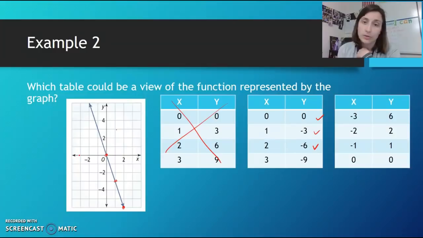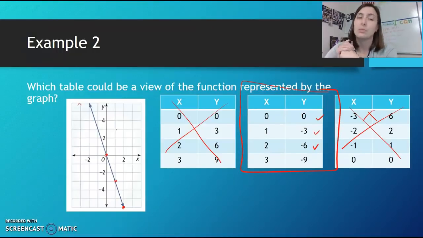So if I go to negative 3 and up to 6, so 1, 2, 3, 4, 5, 6, I don't have a point here. So since this one does not work, this entire table does not work. And so that does mean that our middle table is the table that represents the function that is our graph. And that is the end of representing a function.